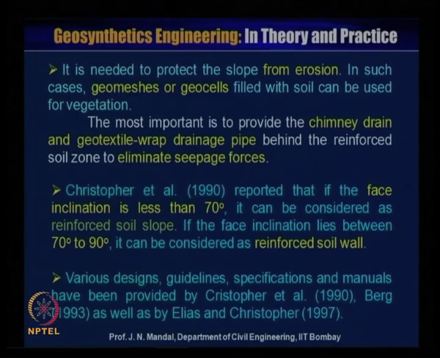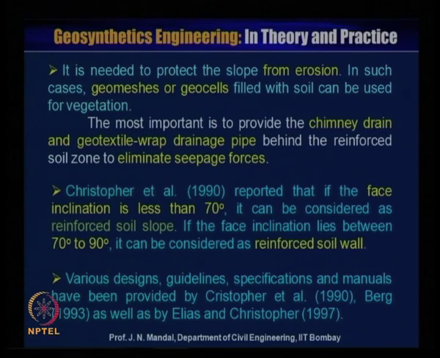In such cases, geomeshes or geocells filled with soil can also be used for vegetation. The most important is to provide the chimney drain and the geotextile wrap drainage pipe behind the reinforced soil zone to eliminate the seepage forces.